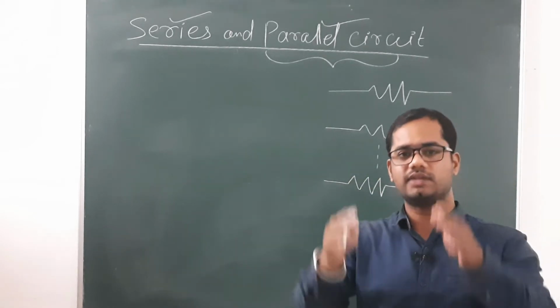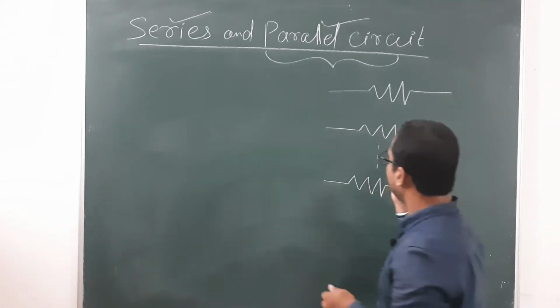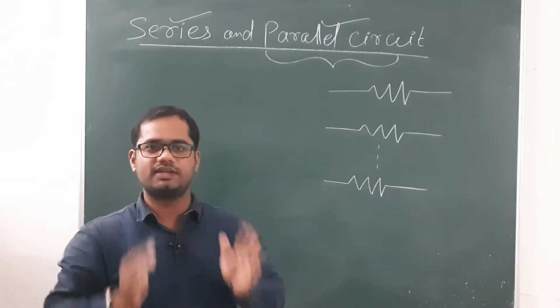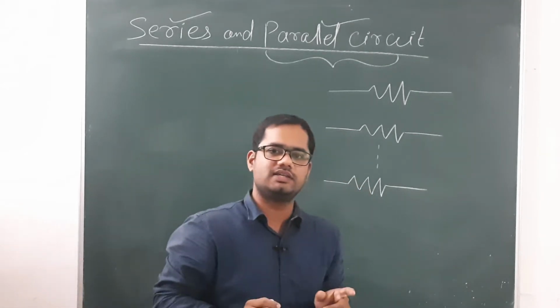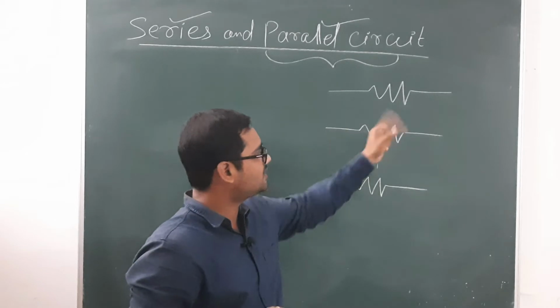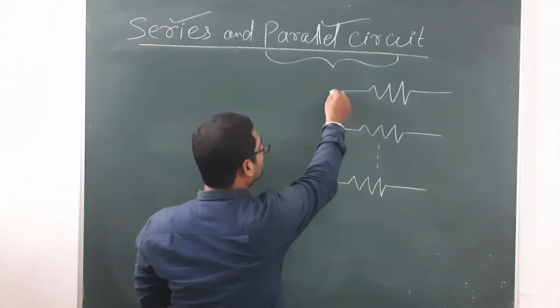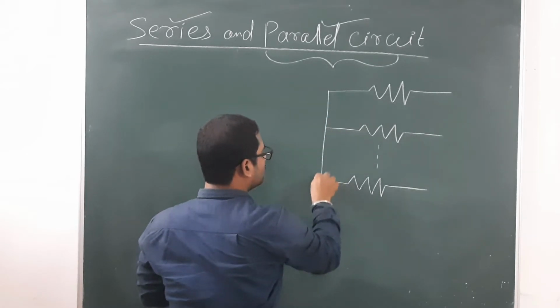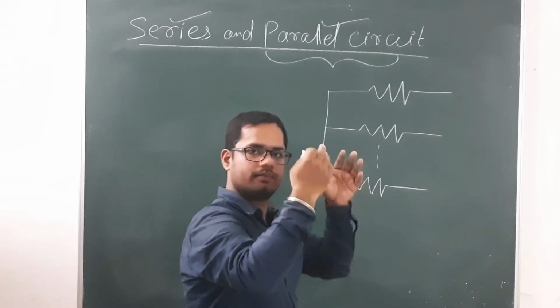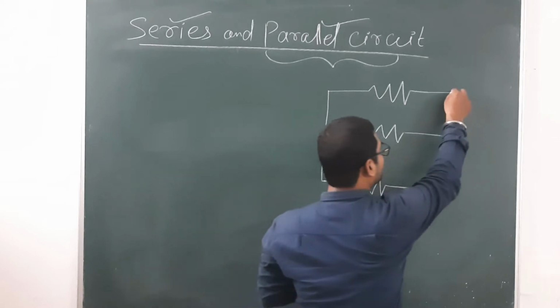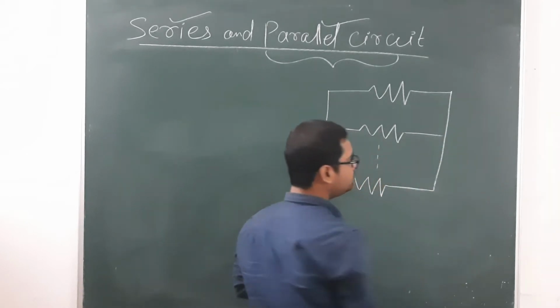How to make the resistances in a parallel connection? Each resistance has two terminals. If one terminal of the resistances is connected together, and the other terminals are also connected with the same.